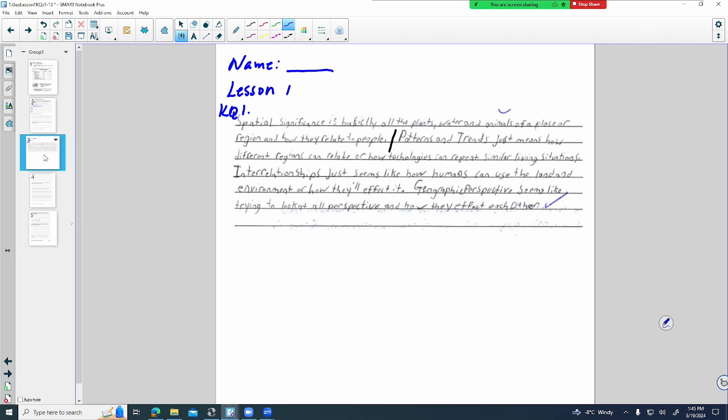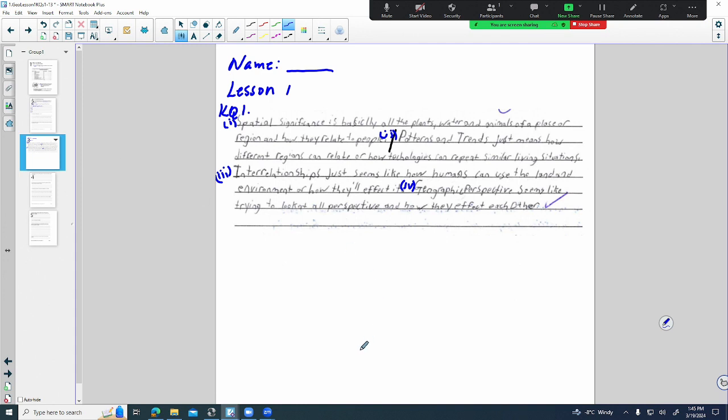So notice how it's easier if the student probably wrote 1, and then patterns and trends for 2. Interrelationships would be 3, and then geographic perspective for 4. Okay, so that's all you have to do there.